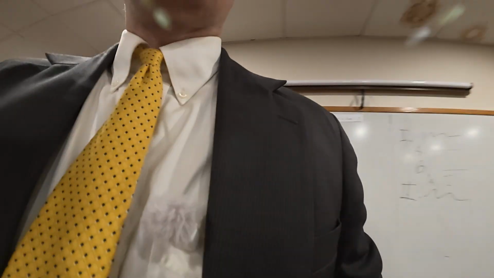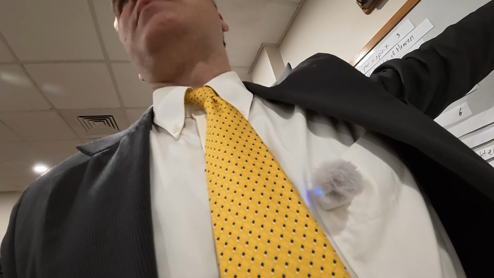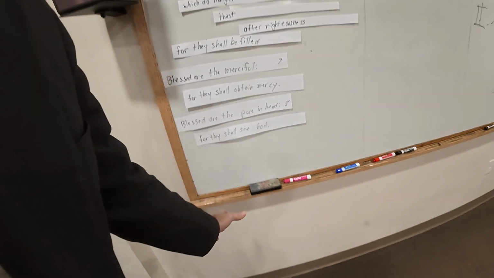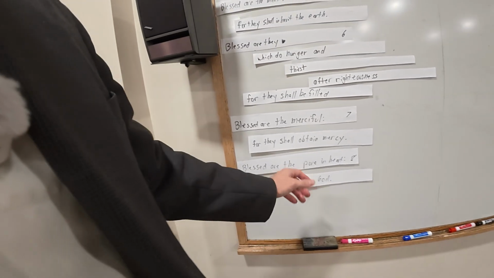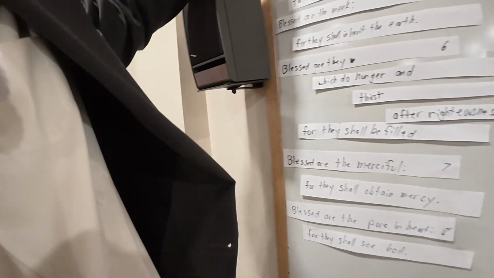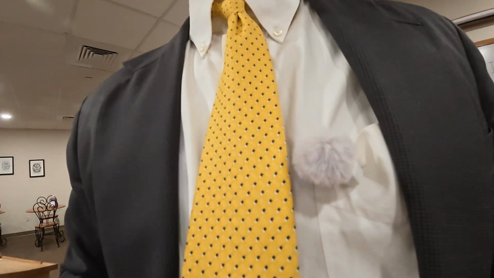Okay, blessed are the pure in heart. Now, when you're actually doing your analytical chart, sometimes you can't fit a whole passage on one page. That's okay. So you have page 2, but it should be a continuation of if the paper could keep going, where you would line it up. So that means that this would be the same as all these other blesseds. So that one is correct.